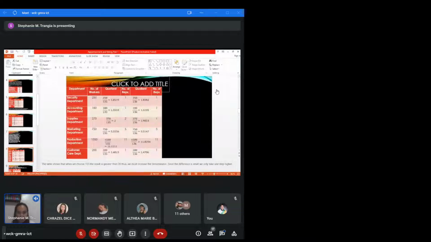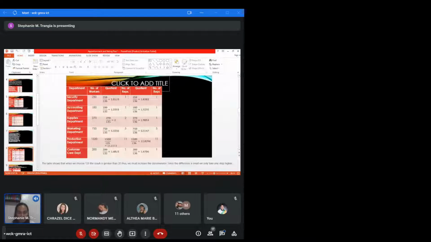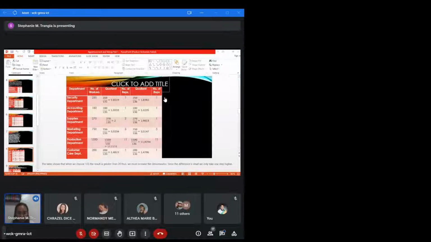So my first trial is 135. By using 135 as divisor, the number of representatives is 1 plus 1 plus 2 plus 5, 9, plus 11 is 20, plus 1, that's 21.